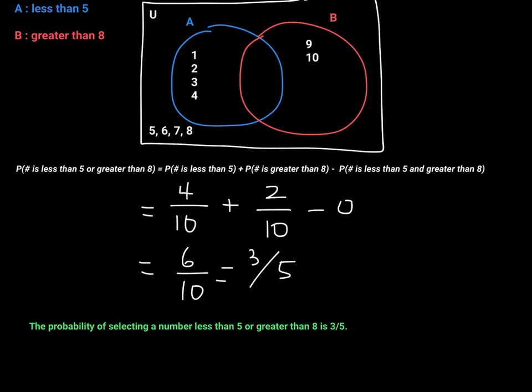And so that's why the intersection is empty. And that's what it means to have two events that are mutually exclusive. It means it's impossible for both events to happen at the same time. So this is the definition for mutually exclusive in words.